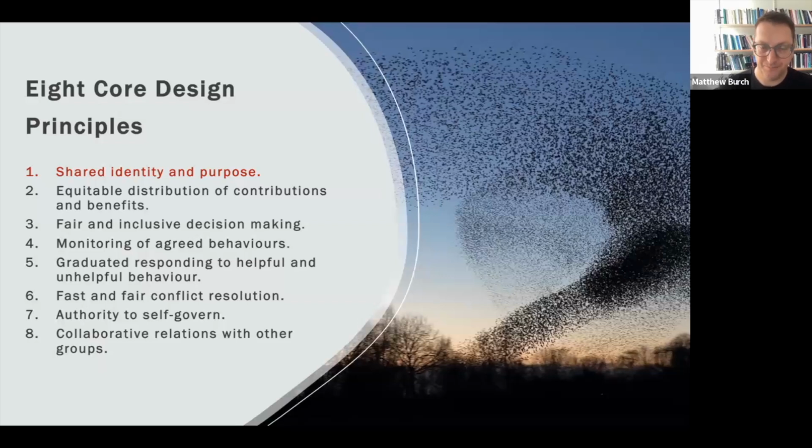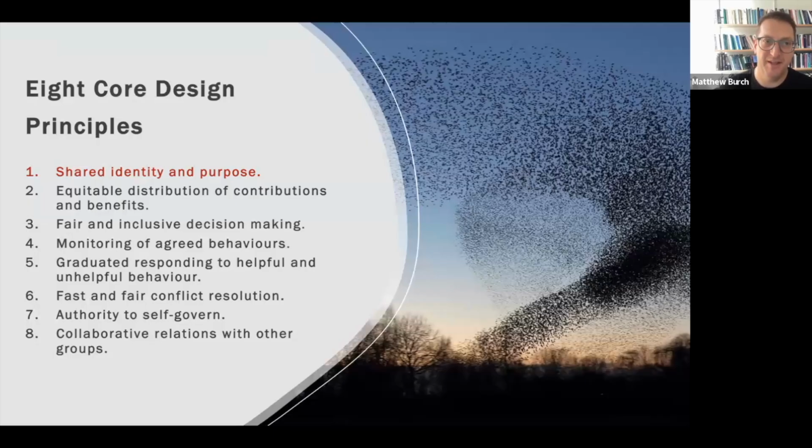In this case, you can use these 8 core principles not only to understand how to manage a common pool resource, but really to understand how to function successfully in a group. And this is what pro-social does. You can think of these 8 core design principles as principles that are operative in most well-functioning groups.